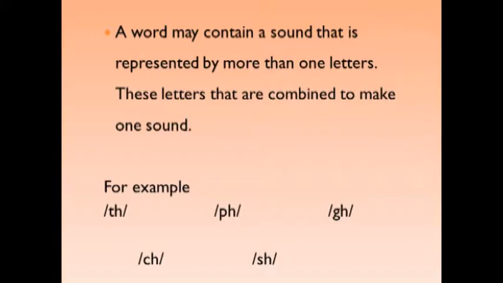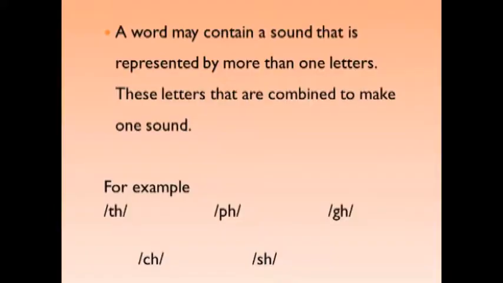F. The letters P and H, when combined, make the sound f. Make the sound f. The letters G and H, when combined, also make the f sound. Again, make the f sound.